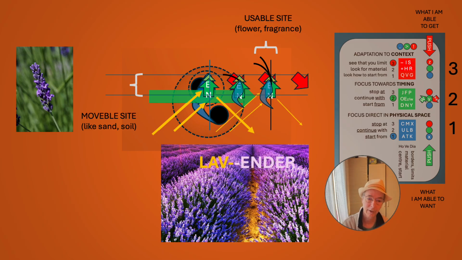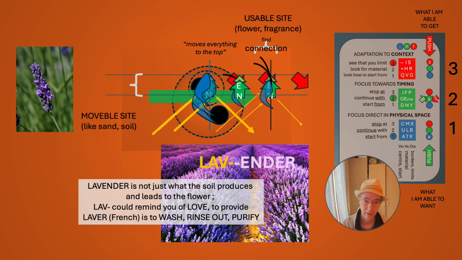So we have this part of love and ender, of course, where everything, from ingredients, moves to the top. And lavender is also not just what the soil produces and what leads to the flower. Lave, as a word, you can dig deeper into other words. Love could also remind you of love, as to provide.